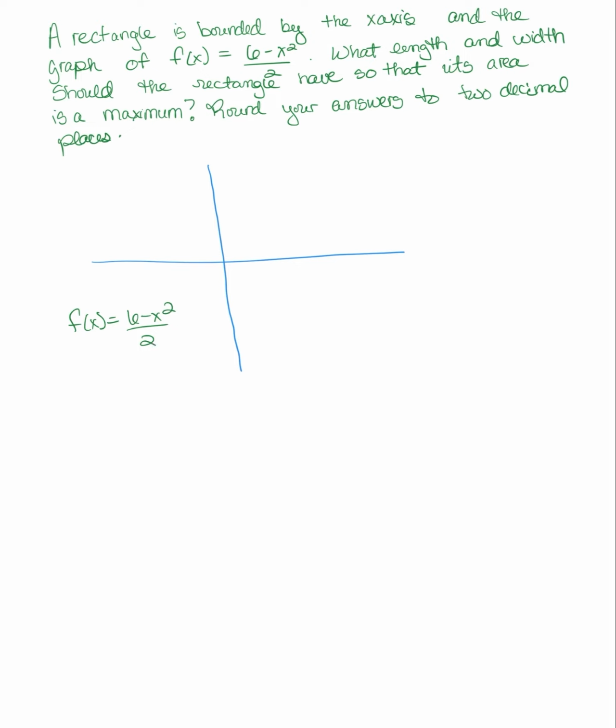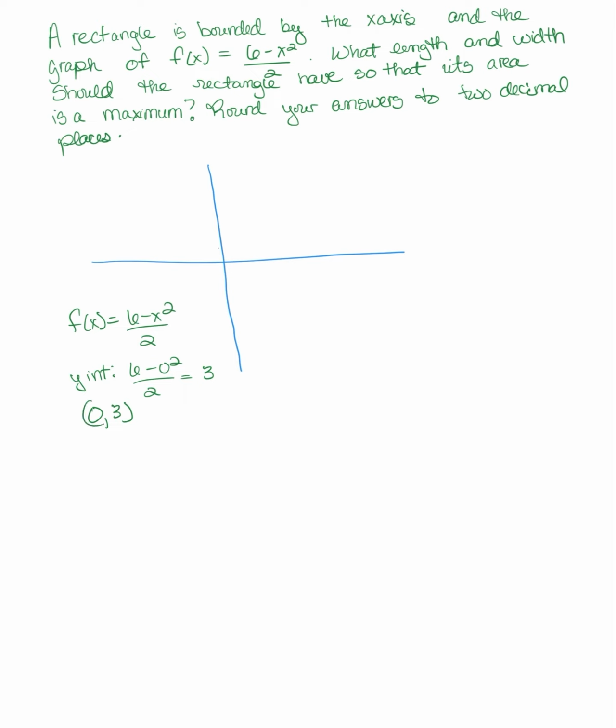All right. So if we're going to graph this, let's get our y-intercept, which is when x equals 0, right? That's what our y-intercept is. So we have 6 minus 0 squared divided by 2. Well, that's going to be 3. So we have a 0 for our x and a 3 for our y. So this is our y-intercept.